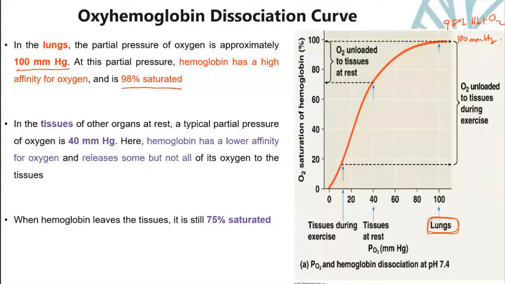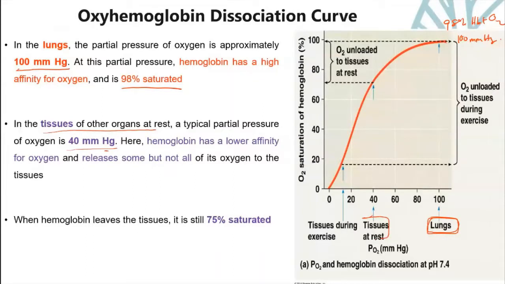So this becomes oxygen-rich blood, and the oxygen-rich blood then goes to your body tissues. So in the tissues of other organs at rest, dalam keadaan awak bertenang, rehat, tak buat apa-apa, a typical partial pressure of oxygen is around 40 millimeter mercury.